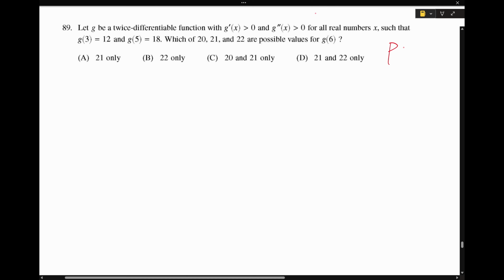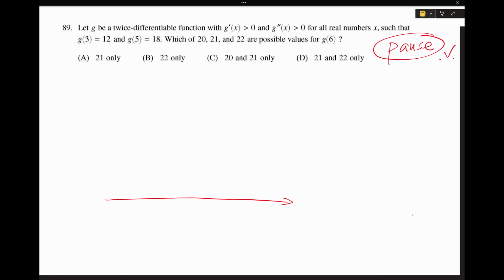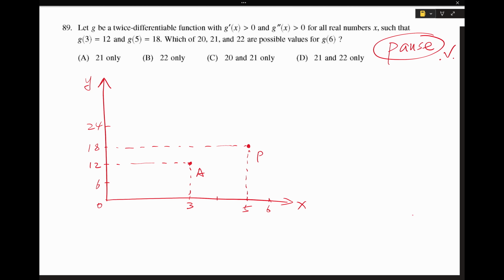So first, please pause to have a look at this question. Okay, based on the information from the question, we can draw a graph like this. And we have 2 points, point A and point B here.